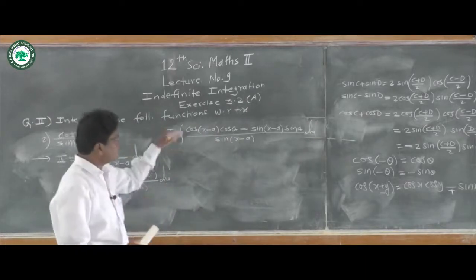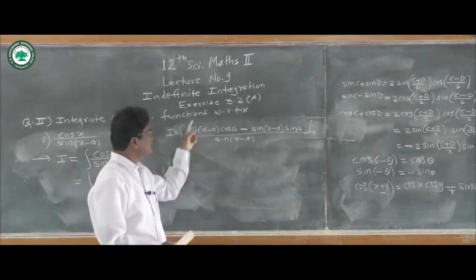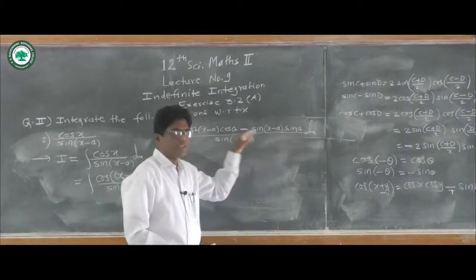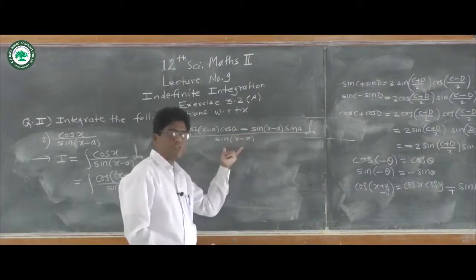Now in the numerator there are two terms. Divide these two terms by the denominator separately.